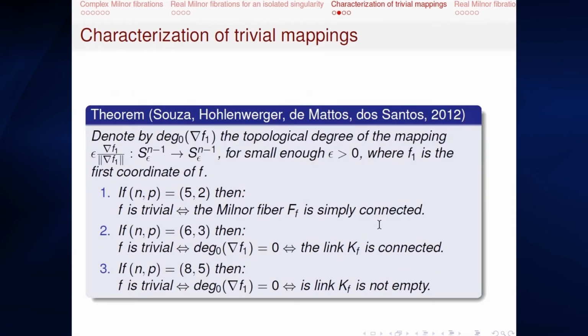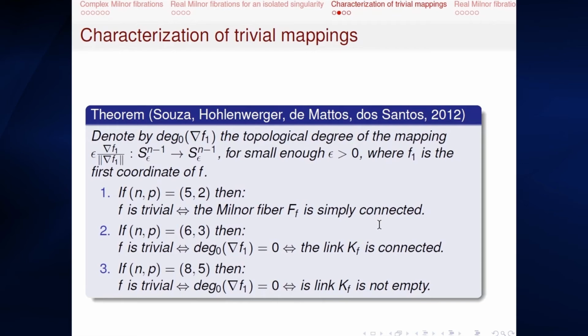In 2012, Souza, Oliveira, de Mattos, and dos Santos provided conditions under which an example is trivial for dimensions 5,2, 6,3, and 8,5. More precisely, for dimensions 5 and 2, f is trivial if and only if the fiber is simply connected.